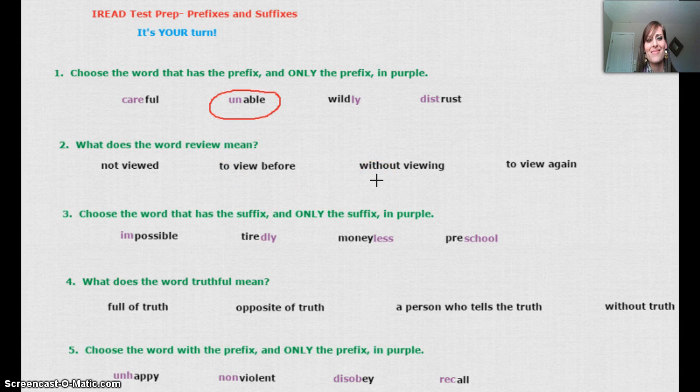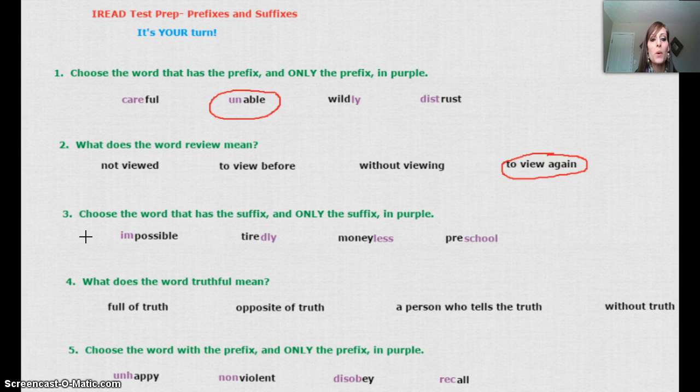Without viewing? I don't think so either. To view again. That's right, that is my answer choice. Re means again, and so review means to view again. If you didn't get it, fix your answer and then move on. If you did get it, give yourself a point or a smiley face and pat yourself on the back.